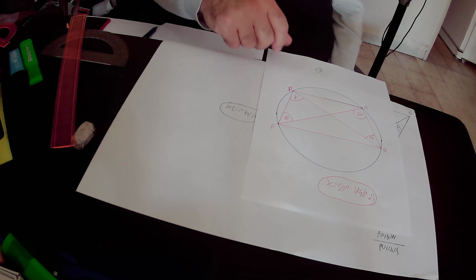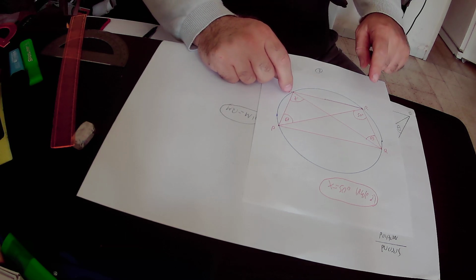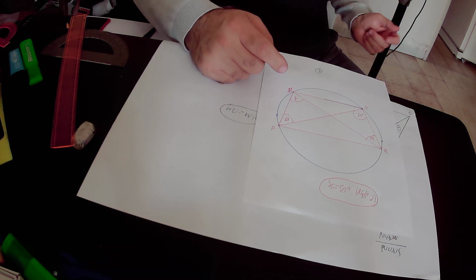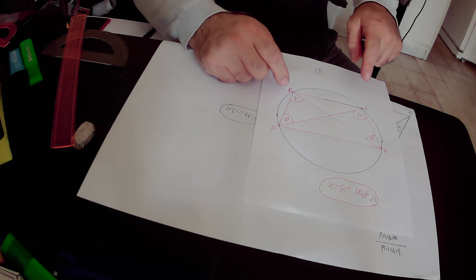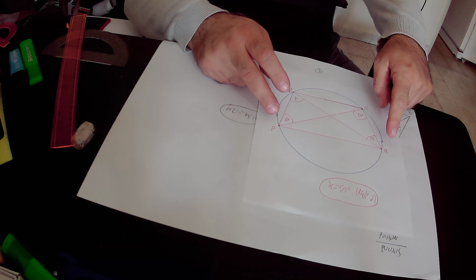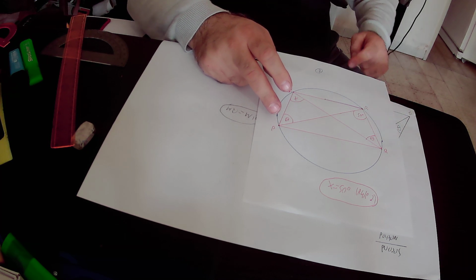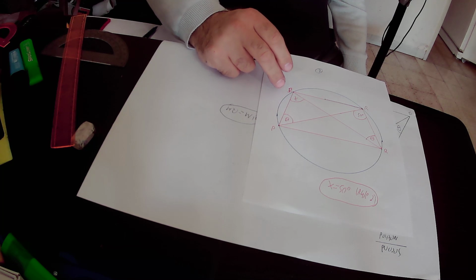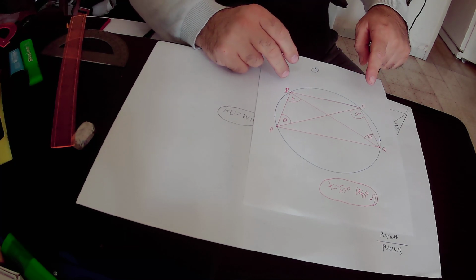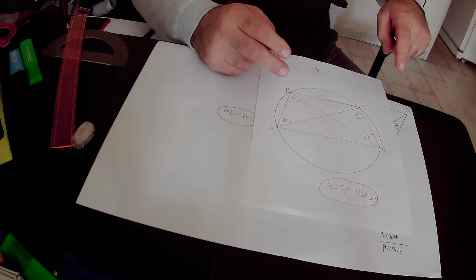So we have here two peripheral angles that are equal to each other. We have here two peripheral angles that subtend on the same chord, that is to say on chord PQ, and therefore, according to rule number 2, peripheral angles that subtend on the same chord are equal to each other.